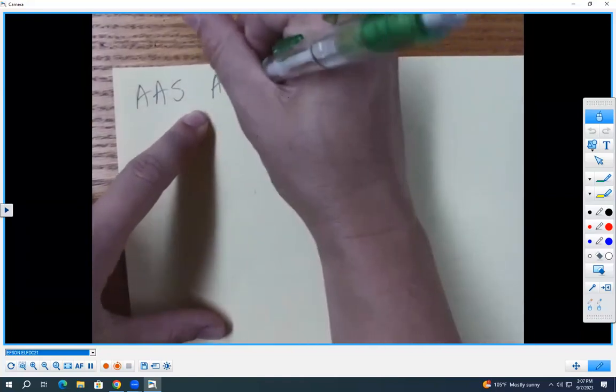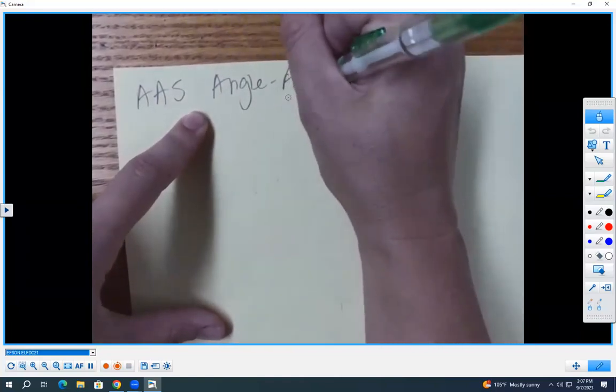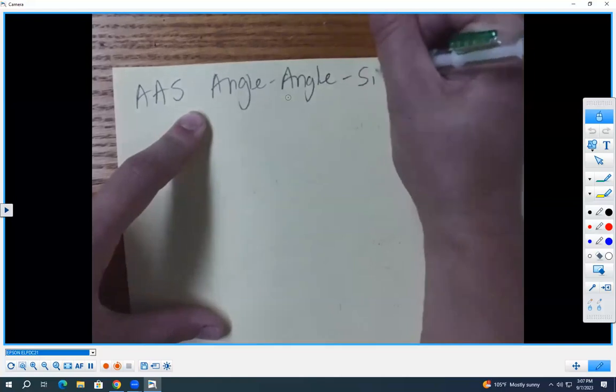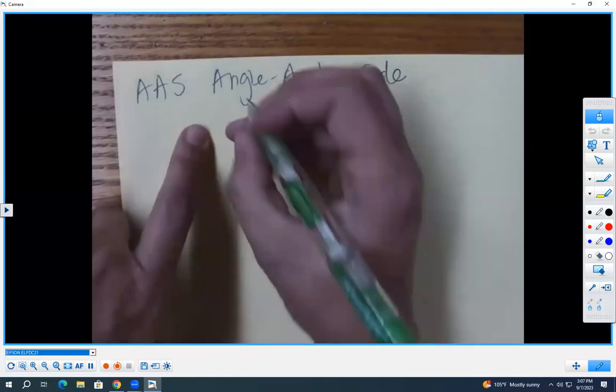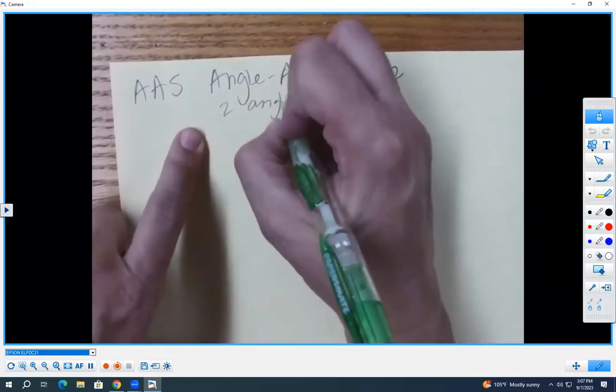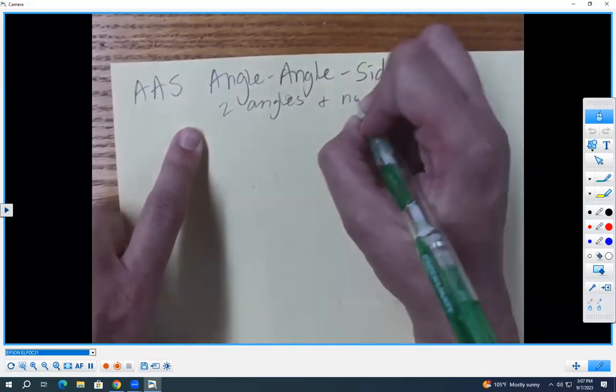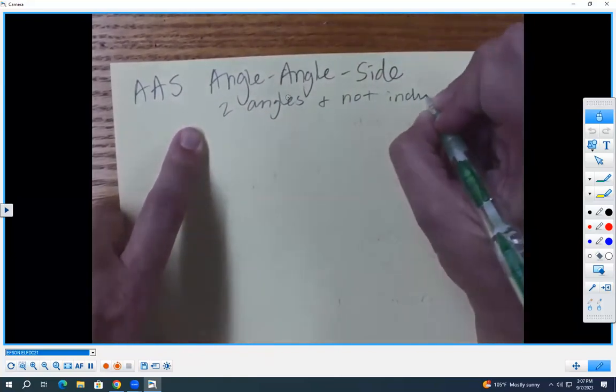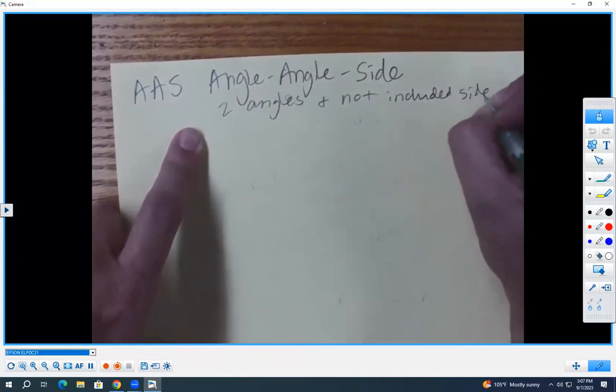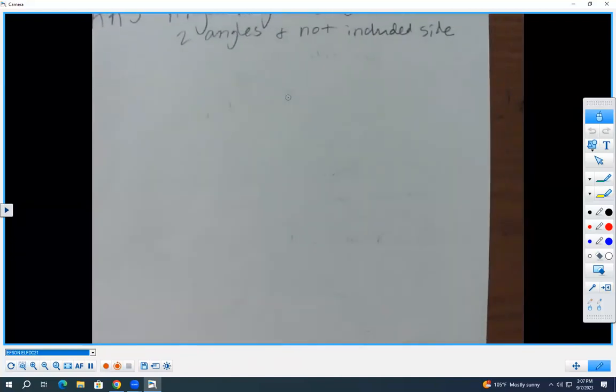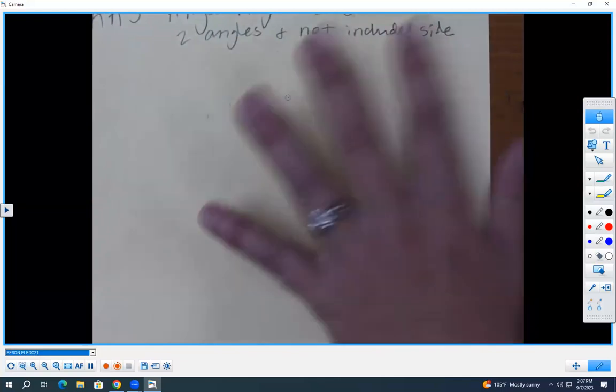The reason why this still works, this is called angle, angle, side. So this means 2 angles and the not-included side. So I have 2 other options here. It could be any of the other 2 options.